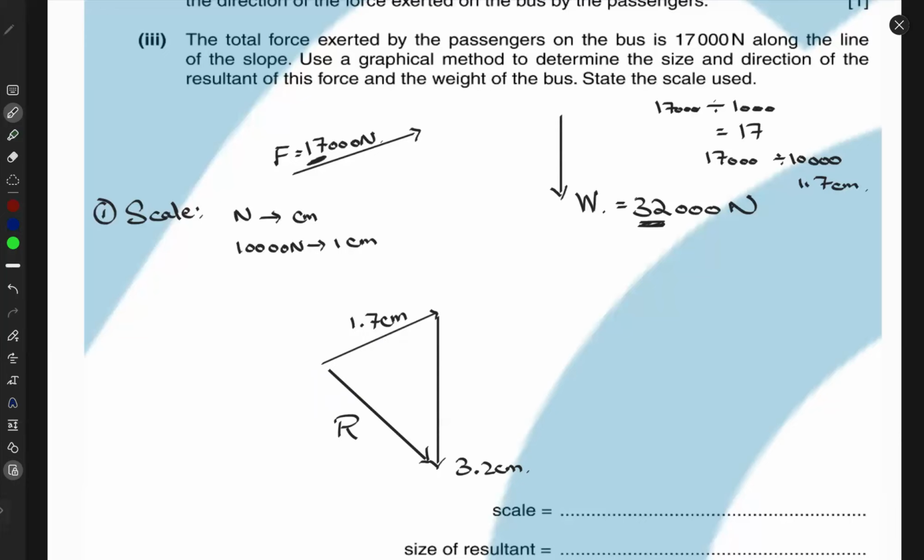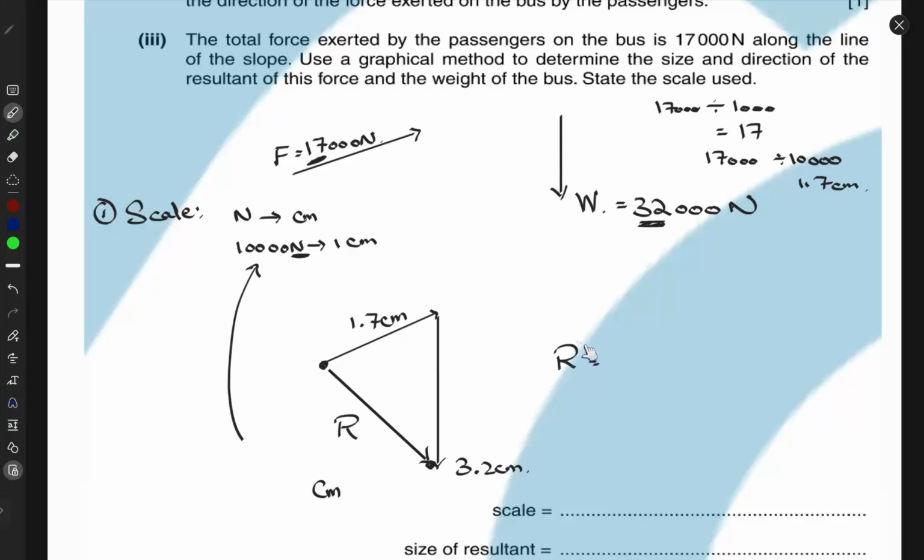Then all I have to do is take a ruler, put it at this point and at this point, and measure the length. I'll get something in centimeters, and I'll use this scale to write those centimeters in newtons. And that would be the resultant force, right? I don't have a ruler at this point, but I hope the method is clear.